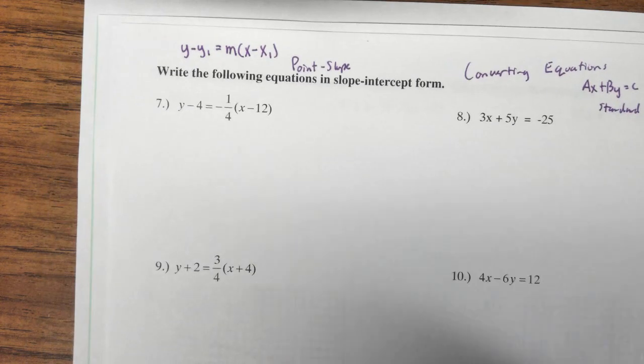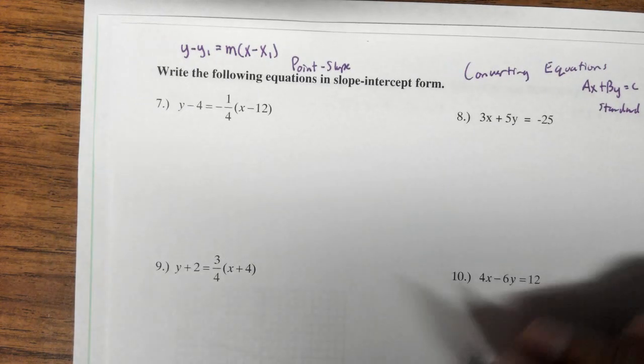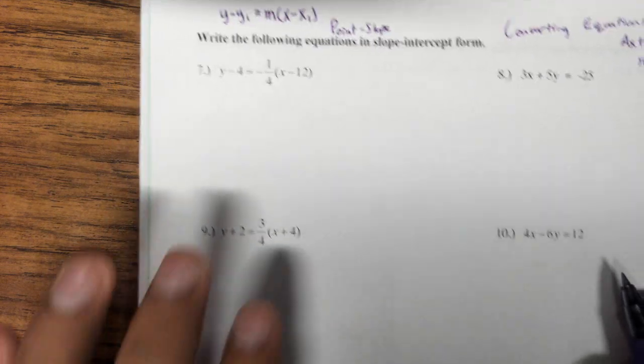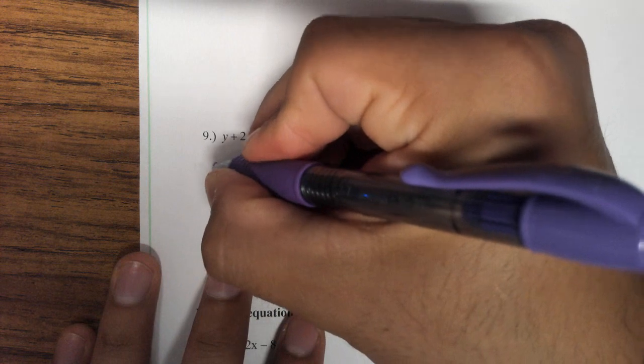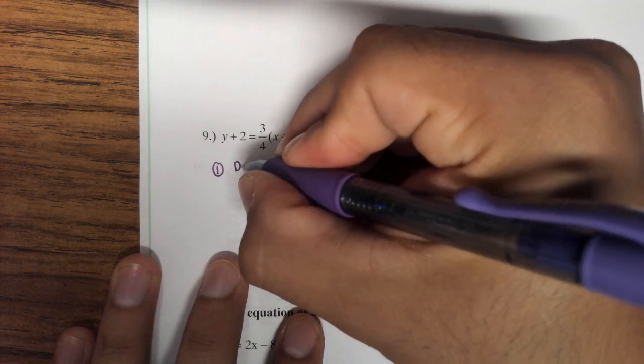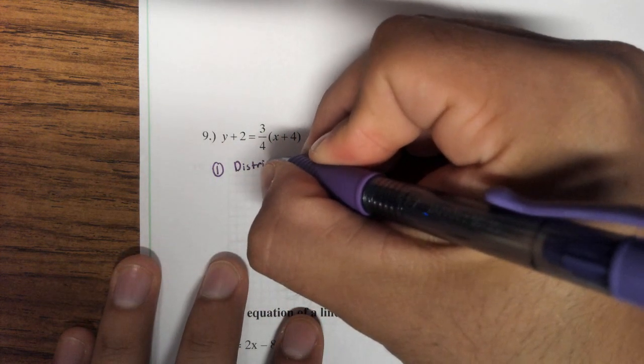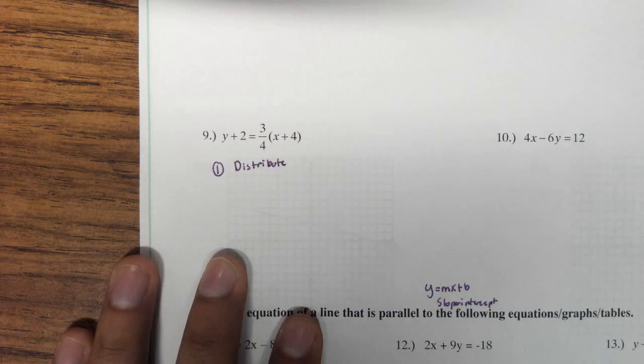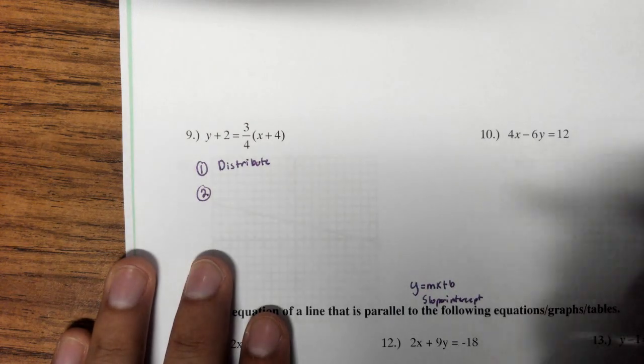Whenever you guys see an equation in point slope form, it's 2 steps. Since I'm not going to work number 9, I'll go ahead and write down the steps right here. Step number 1 is going to be to distribute. And then step number 2, add or subtract the number on the y side.